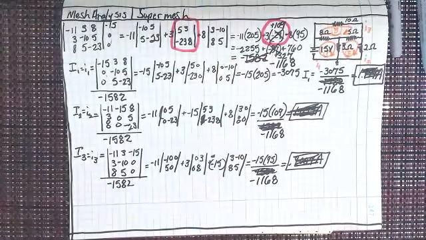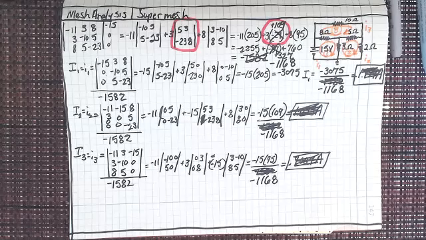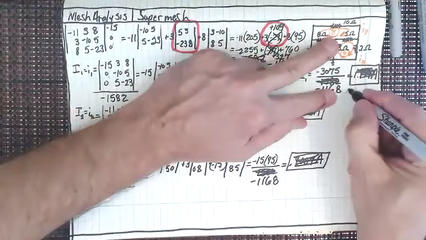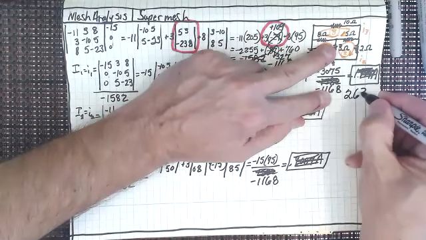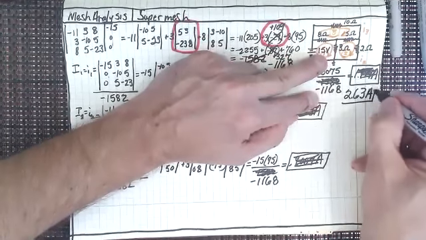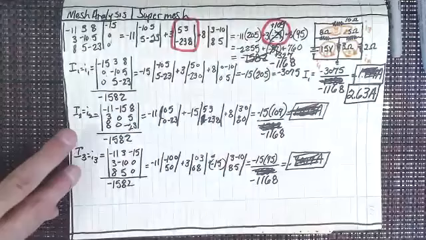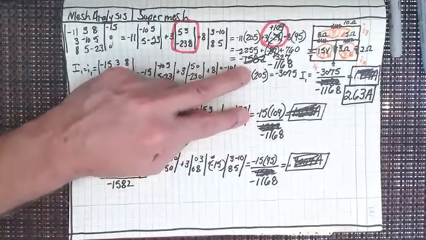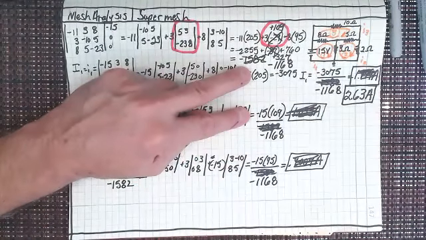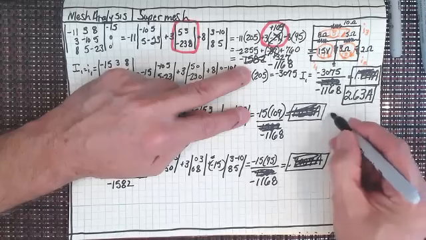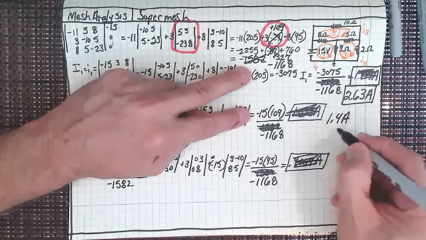So I'm going to give you the correct values right now. So 3075 divided by 1168 is 2.63. So 2.63 amps is what it should have been. And then this one, 15 times 109 divided by 1168 comes to 1.4 amps.